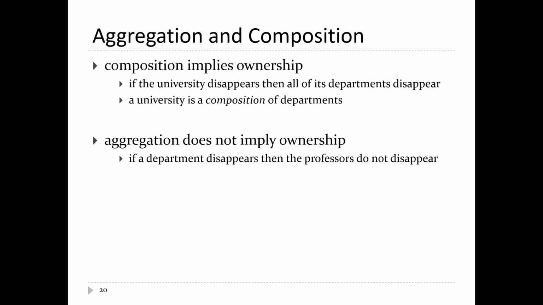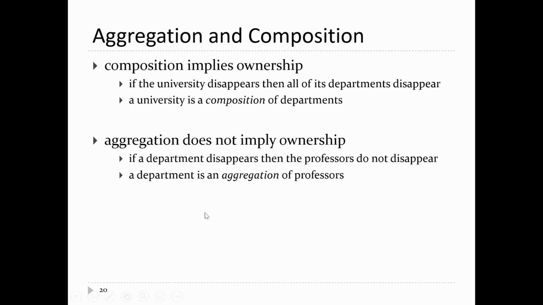The professors can exist in isolation of the department. So we say that a department is an aggregation of professors. The department has a bunch of professors, but it doesn't own them. The university has a bunch of departments, and the university owns the departments. So composition is the stronger form of this relationship.